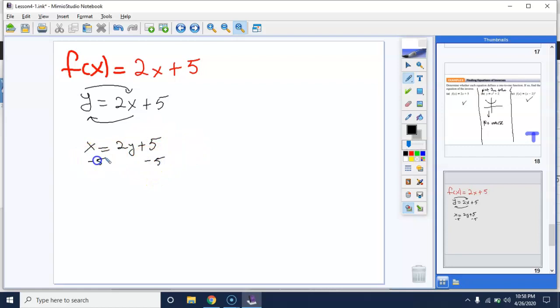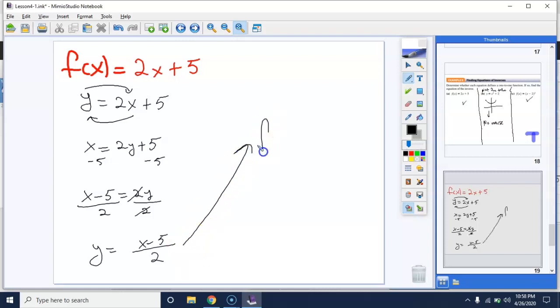Minus 5 minus 5, x minus 5 equals 2y, and lastly divide by 2. So we got y equals x minus 5 over 2. And the last step, that's your inverse, you got y alone, change this with f of negative 1. So it's going to be f inverse of x equals x minus 5 over 2. And we are done. That's all.